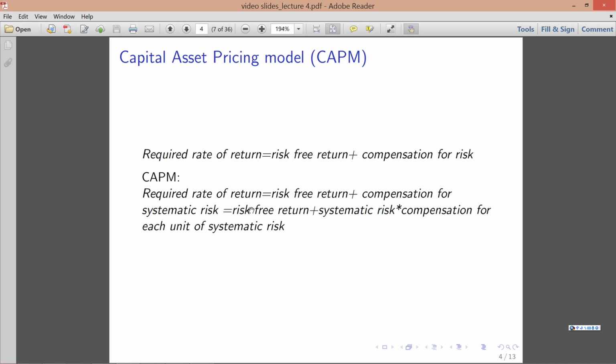Therefore, it will equal the risk-free rate of return plus the amount of systematic risk on any asset times the compensation for each unit of systematic risk, right? Those two combined together equal the compensation for the systematic risk for an asset. In the rest of the slides, we'll first talk about what systematic risk is, how we measure it, and how we come to this equation.